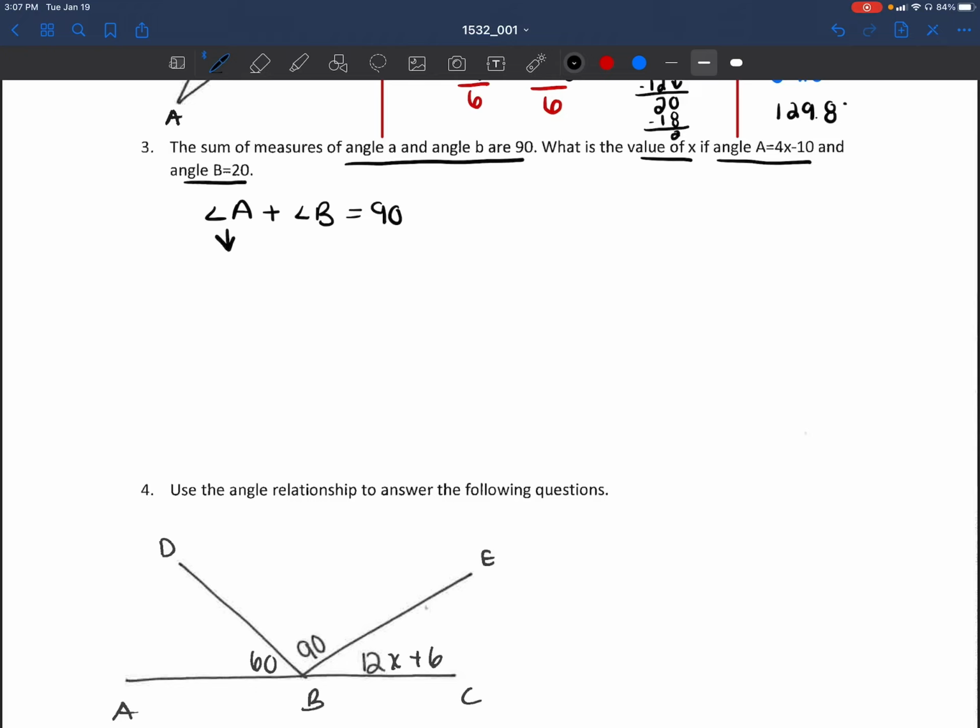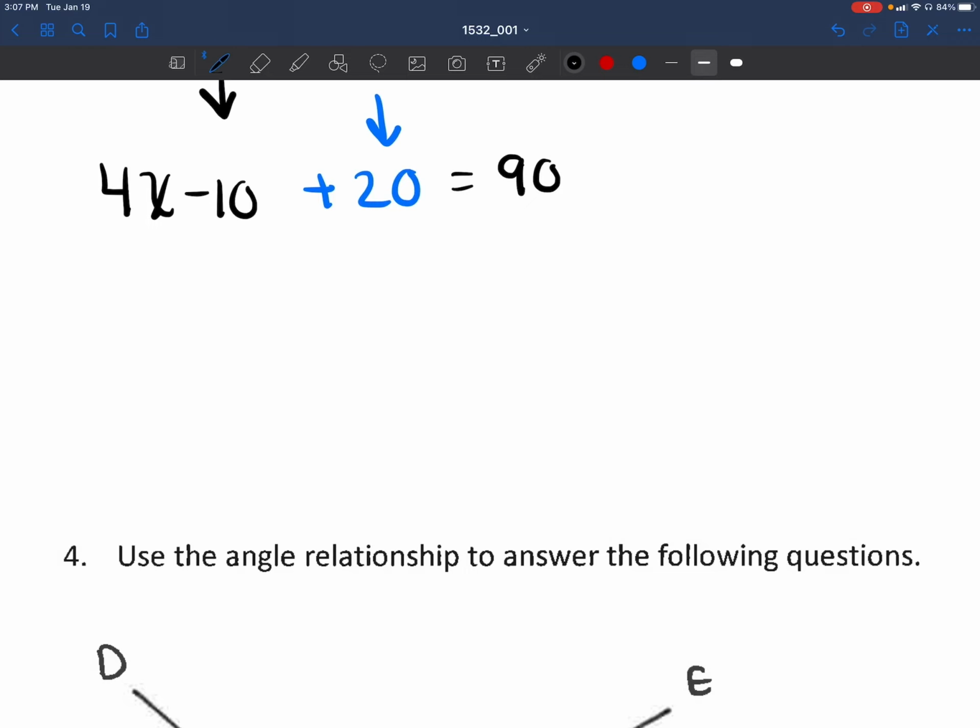So angle A is 4x minus 10, angle B is positive 20, and all of that should equal 90. So we have to combine like terms like minus 10 and plus 20. So 4x, negative 10 plus 20, that is positive 10, and all of that should equal 90.